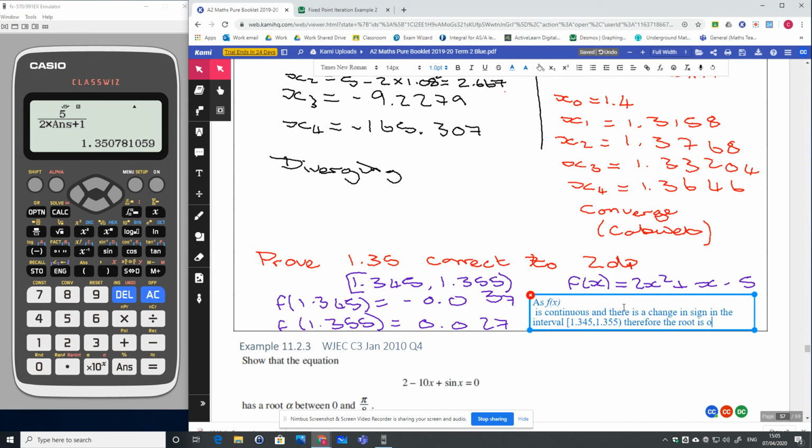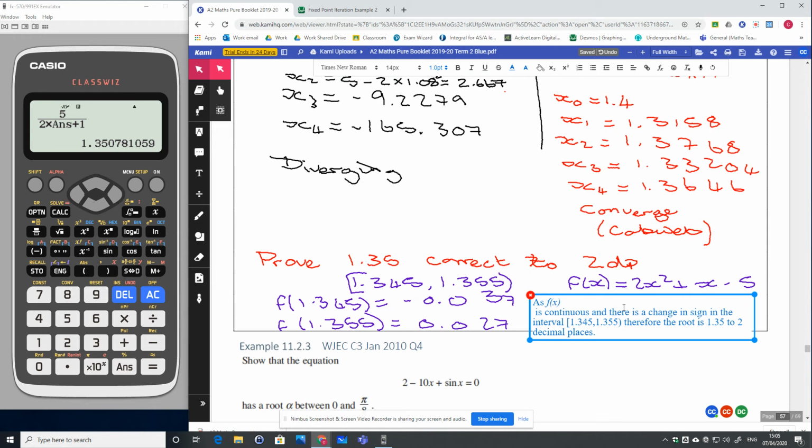So what we're trying to prove here is that 1.35, so therefore the root is 1.35 to two decimal places. Slightly different conclusion on the end, helps if I can type. Okay, so just be aware that that's looking for a slightly different conclusion.